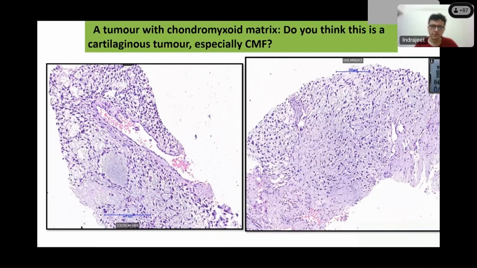These are more spindly. So which category would you put it into? Could it be a cartilaginous tumor? It's possible. If cartilaginous tumors undergo malignant change, they become more and more myxoid and lose their differentiated cartilaginous matrix, especially chondromyxoid fibroma.